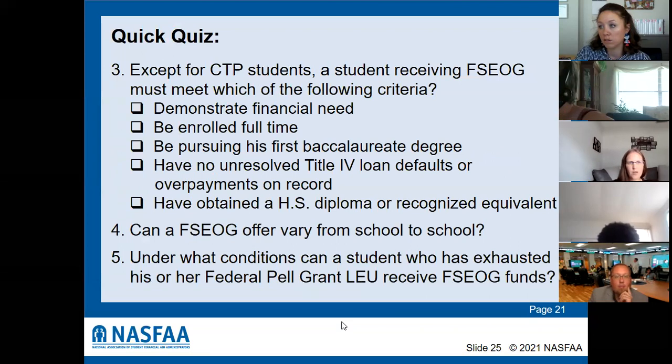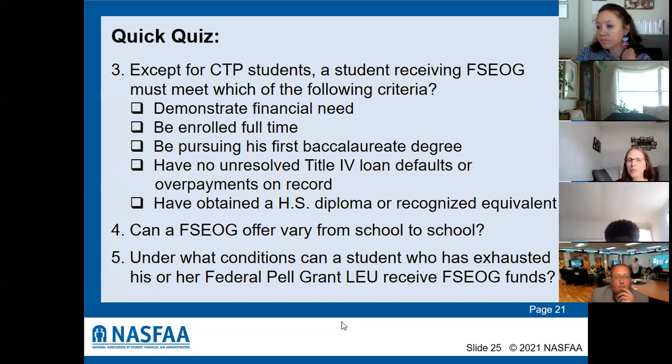A few more. Except for CTP students, a student receiving SEOG must meet which of the following criteria? These are general eligibility criteria. Do they need to demonstrate financial need? The answer is yes, they do have to demonstrate financial need.